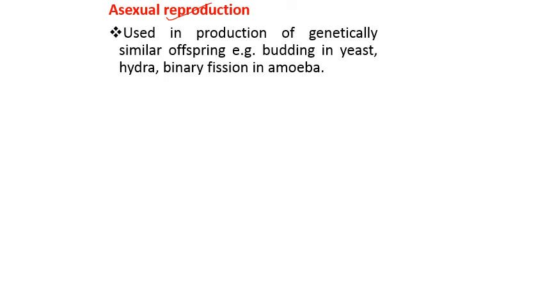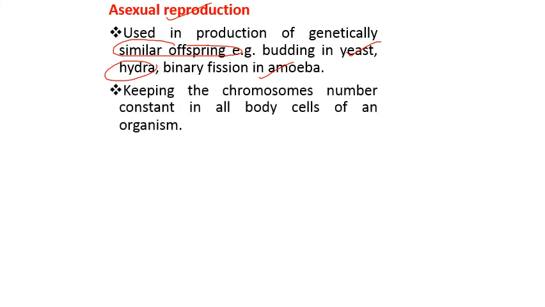Next, it also helps in asexual reproduction. It is used in production of genetically similar offspring which are known as clones. For example, budding in yeast and hydra, and binary fission in amoeba. So these are because of asexual reproduction, and the division occurs with the help of mitosis.